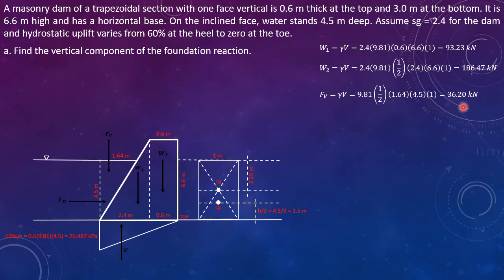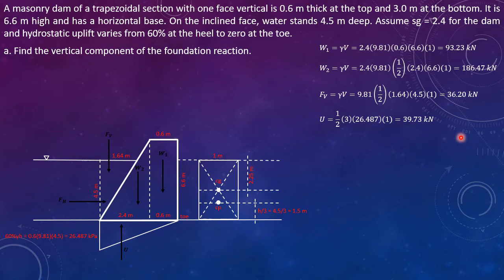Fv is equal to 36.2 kilonewtons. And for the last vertical force, hydrostatic uplift U, that is simply the area of the triangular pressure diagram multiplied by 1 meter length perpendicular to the sketch. For the area of the triangle, we have 1/2 base, 3 meters, height 26.487.